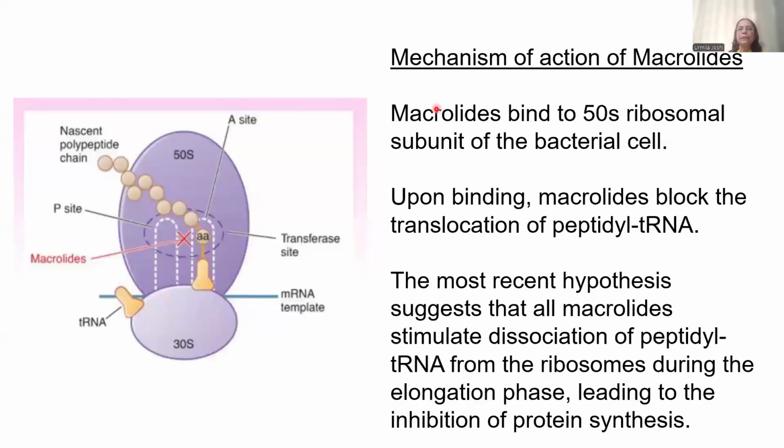Now, what is done by macrolides? Macrolides bind to the 50S subunit of bacterial ribosomes. When they bind to the 50S subunit, macrolides block the translocation of peptidyl tRNA.